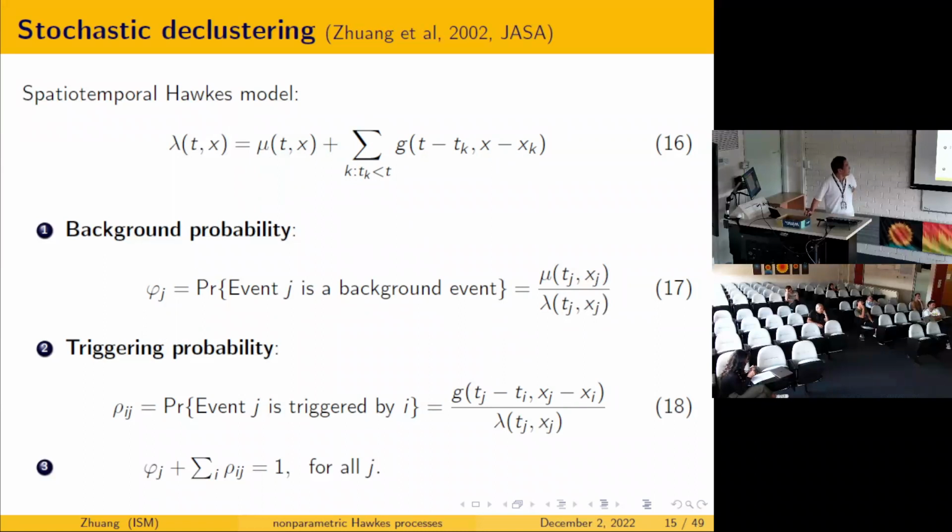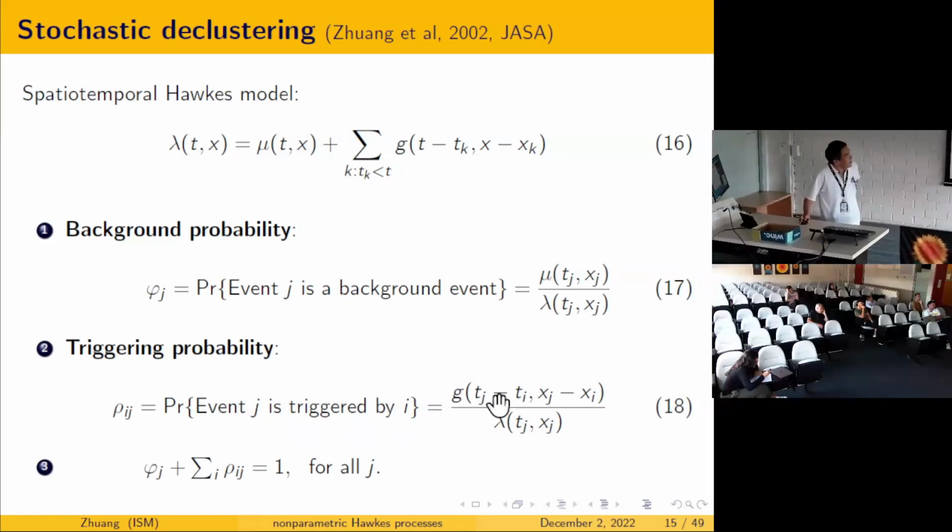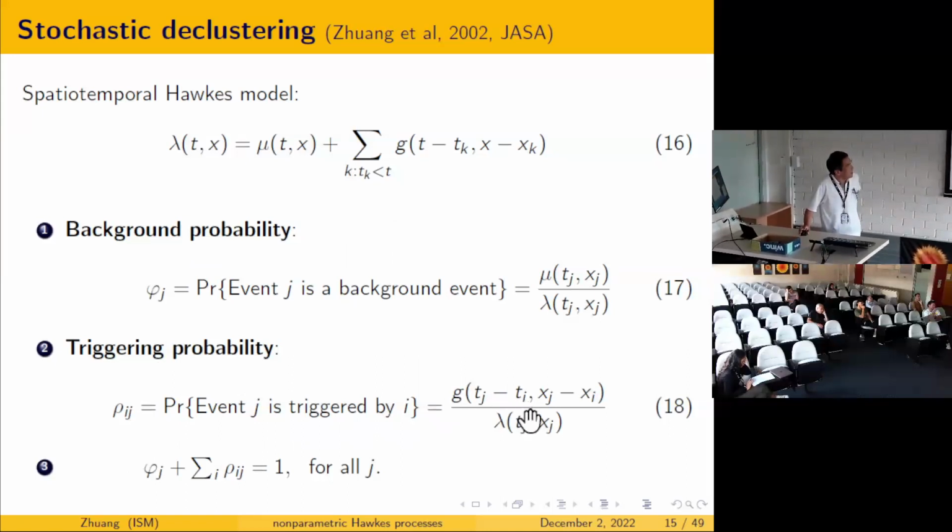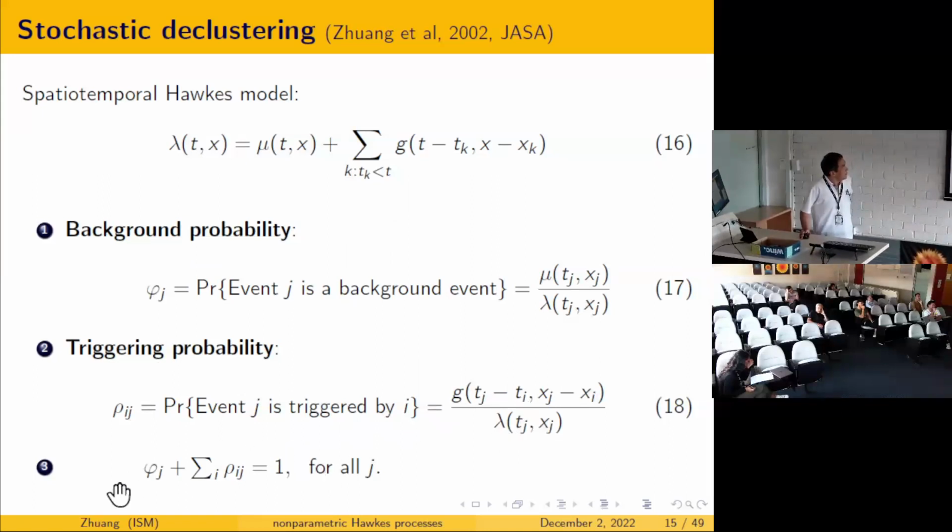Also, we have the probability that event j is triggered by i, given by the relative contribution from event i at the occurrence time and location of j. From this we also have this formula, which means each event is either background or triggered by one of the events in the past.